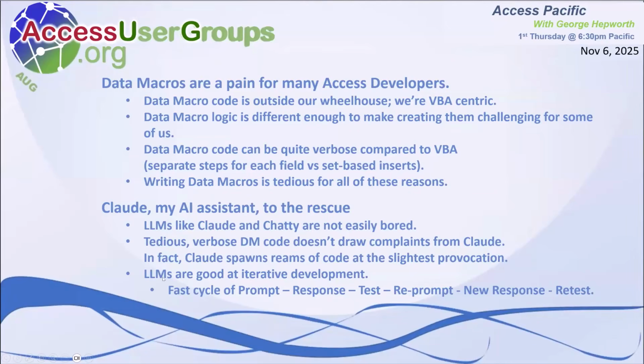But they are also good at iterative development. What I found was once I explained what I needed to do and how I needed to do it, there was a really fast cycle of giving it a prompt, getting a response back, testing it, finding where the weaknesses were, finding what I had overlooked, finding things that it had thought about that I hadn't considered, send back another prompt with the new status, new criteria, new requirements, get a new response back and retest.